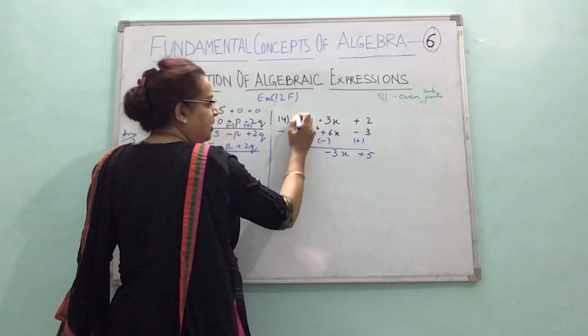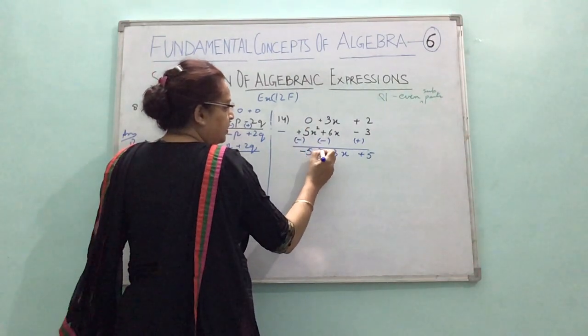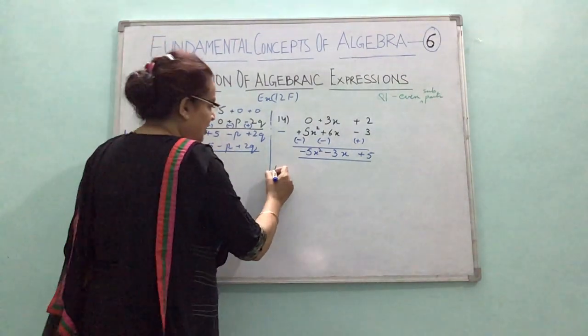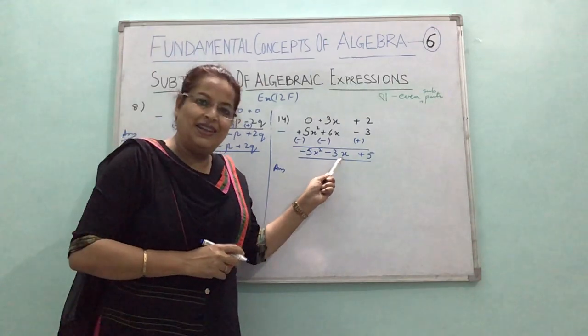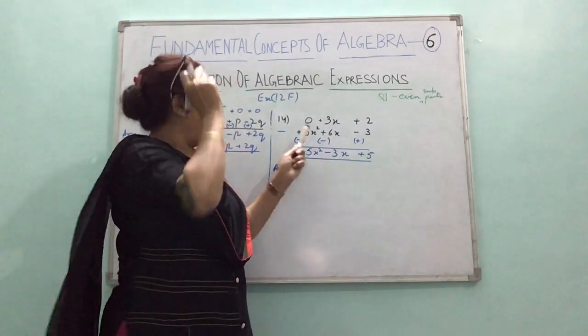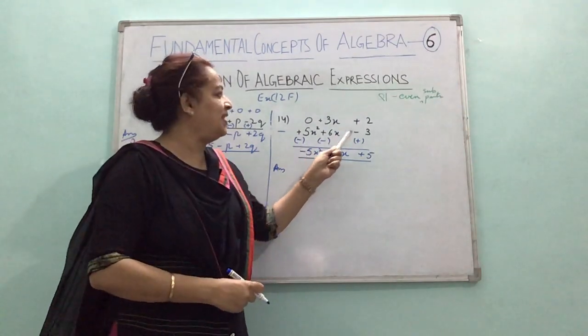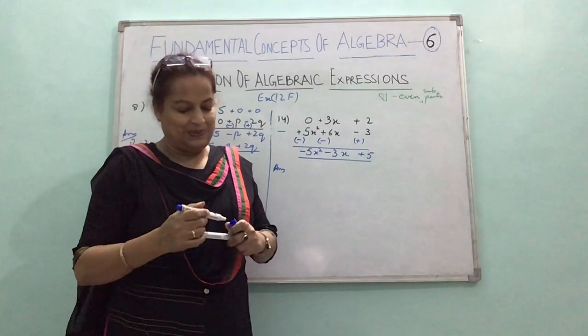And here it is already 0, has no sign, and it would be minus 5x square. So what would be the answer statement? Minus 5x square minus 3x plus 5 should be added to plus 5x square plus 6x minus 3 to get 3x plus 2.